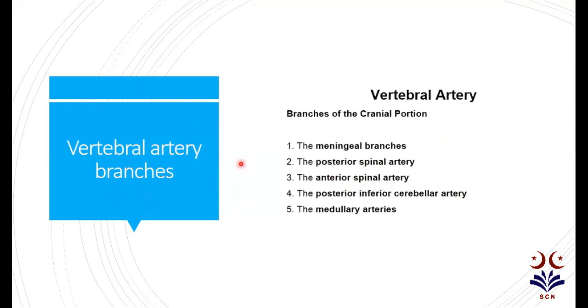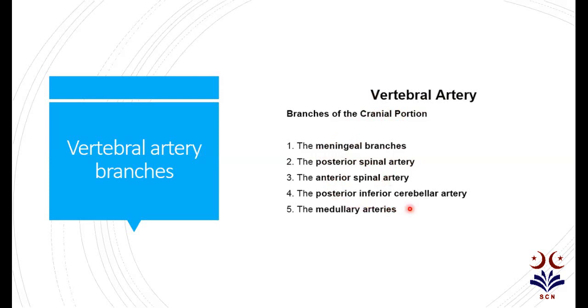And the vertebral artery branches. First of all, the branches of the vertebral artery in the cranial portion, right? This is because it also gives branches in the neck. So meningeal branches in the cranial portion, in the skull. Meningeal branches, posterior spinal artery, anterior spinal artery, all that I told you. These are the branches which subserve the blood supply of the spinal cord.